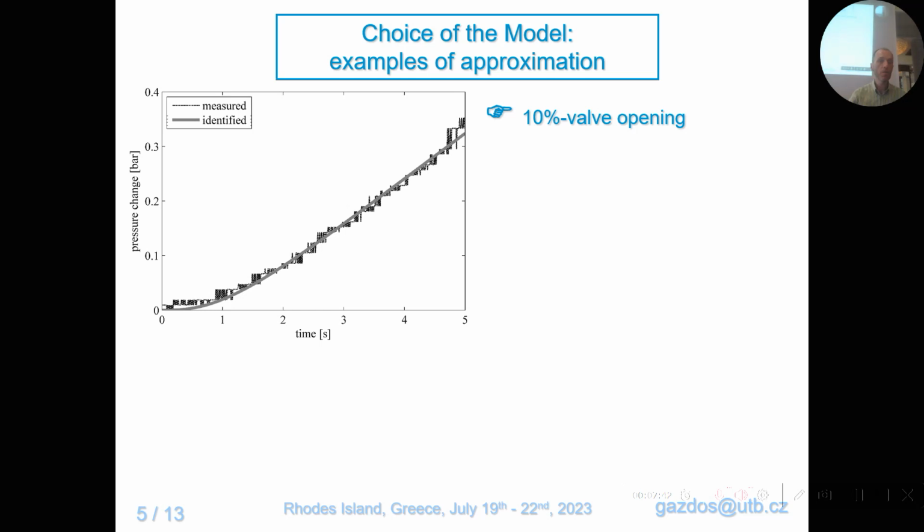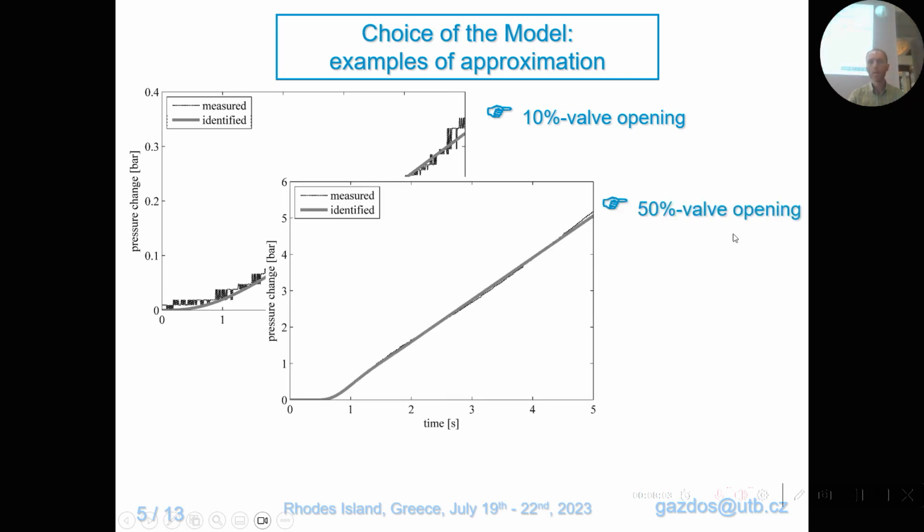So there are some examples of the approximation where the single curves were approximated by the integrating model. It's second order. So this is the 10% valve opening approximation of the measured data. So not bad. Then we have 50% valve opening. Also quite a good approximation by the model.